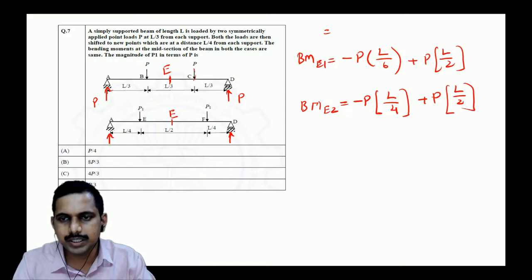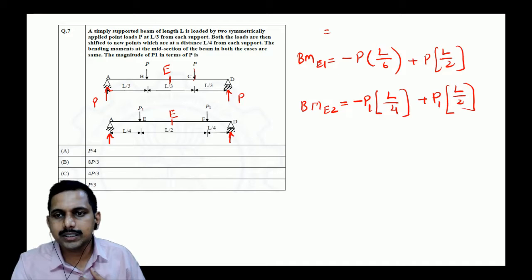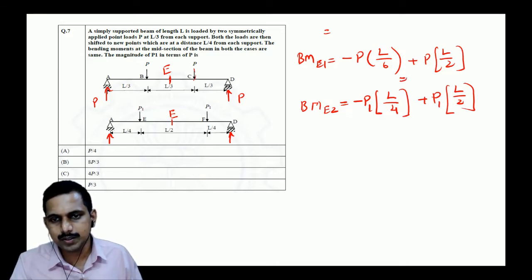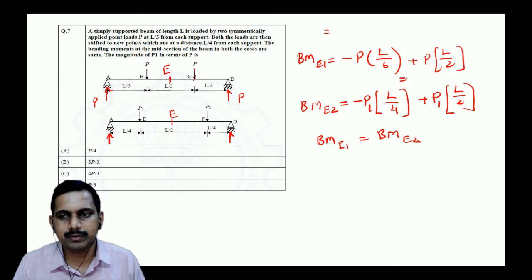Now equate these two, that's it. Sorry, this is P1, I'm sorry. So you say BM E1 is equal to BM E2 and find out P and P1. Please do it, students.